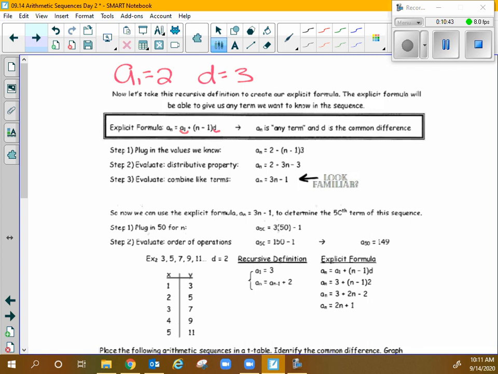So you're plugging into a formula again. You're plugging things in and you're using the same values. So if I plug in 2 for the first term and 3 for the common difference, and then I distribute out this 3 and simplify, does this look familiar, this final spot? Yeah, that's what we did on Friday, right?